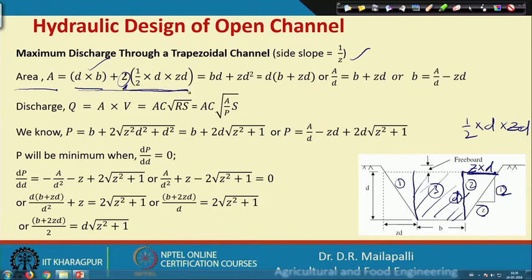This is the total area of cross section. If you simplify that, B D plus Z D square, then take D out: A by D is equal to B plus ZD, or B is equal to A by D minus ZD.